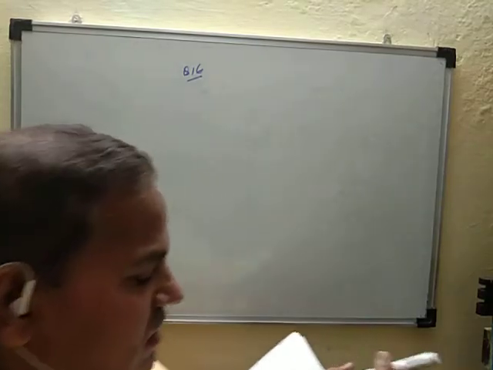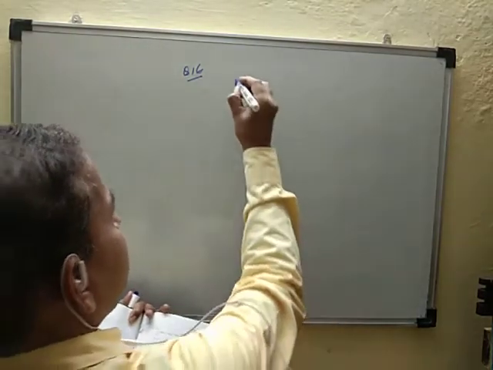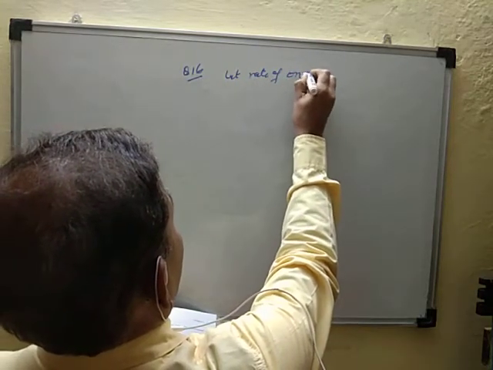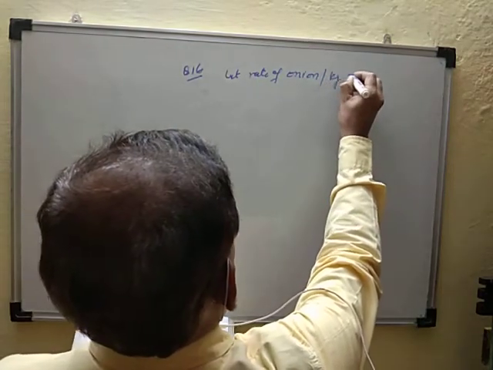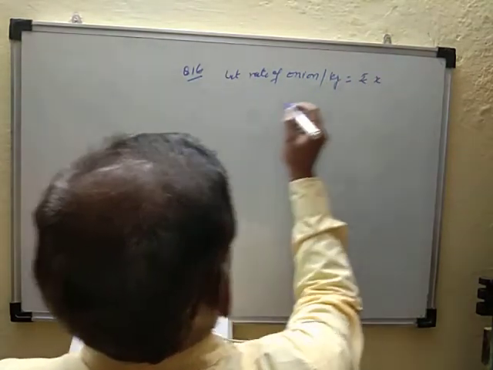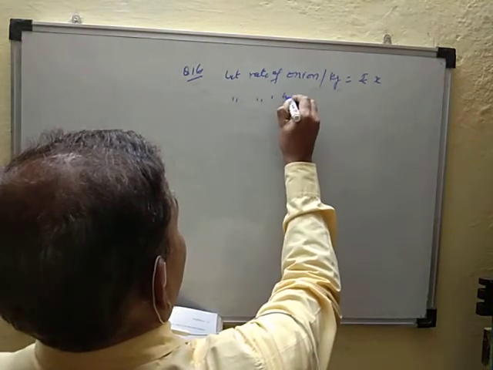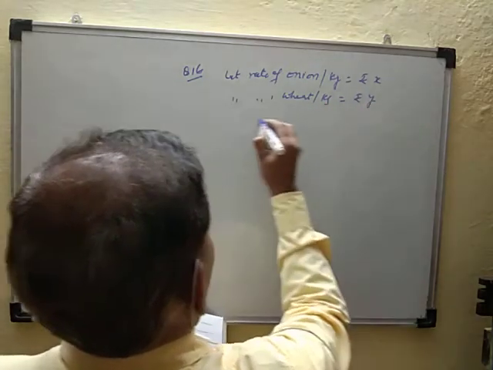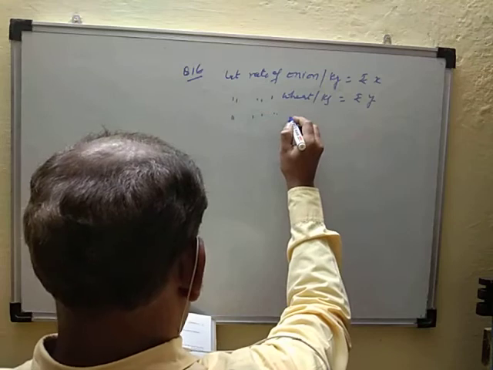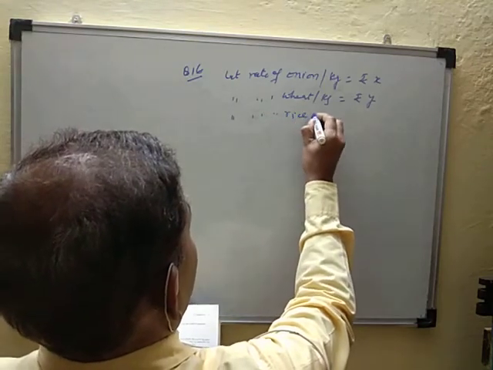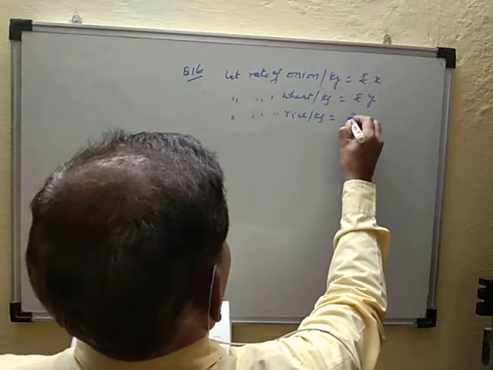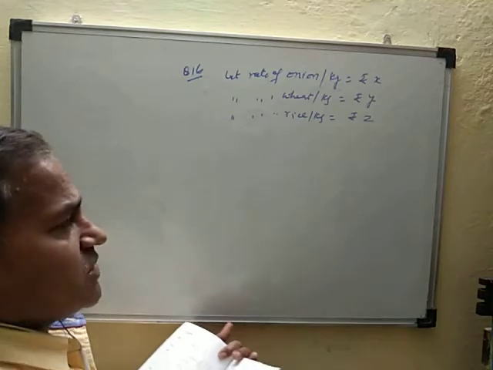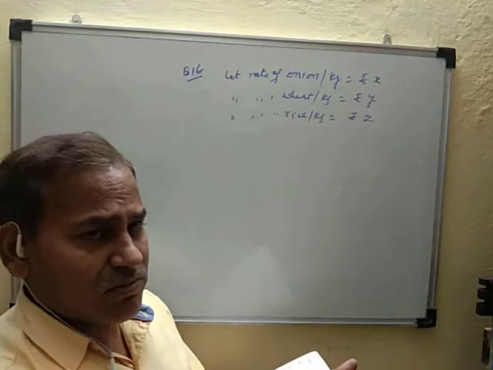So let the rate of onion per kg be rupees x, the rate of wheat per kg be rupees y, and the rate of rice per kg be rupees z. So this is the rate of 3 items.